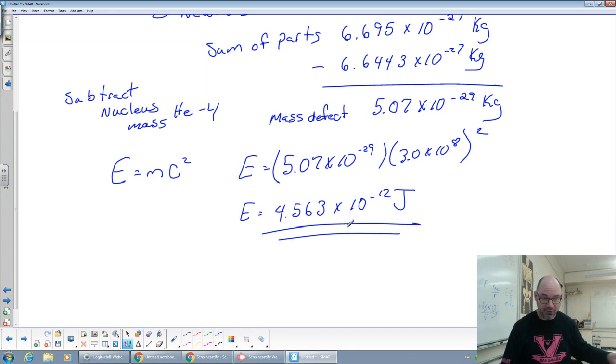Now, that's a good example there. We did a couple of them. We're going to stop, but before I stop, I want to introduce the unit of mass, u, and the energy unit, electron volt, before we move on.